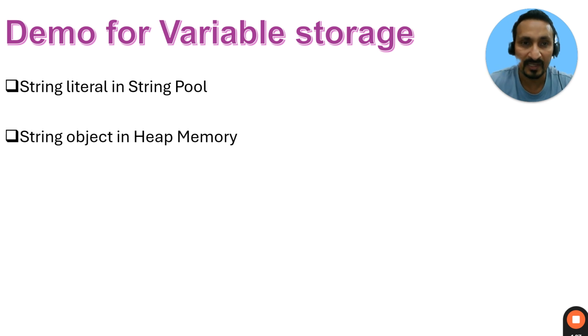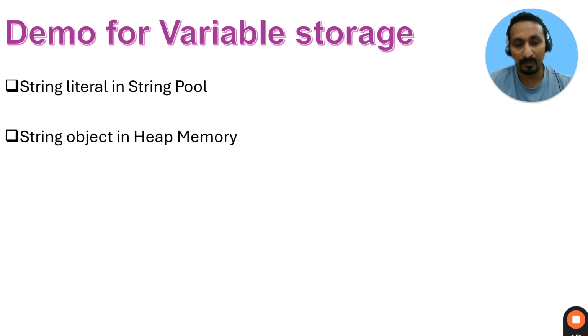So there are different ways we can create a string in Java, and based on the way we create the string, it's considered mutable or immutable. So we are going to discuss, if we create a string in one way, it's considered an immutable string. If you create the string in a different way, it's considered a mutable string.